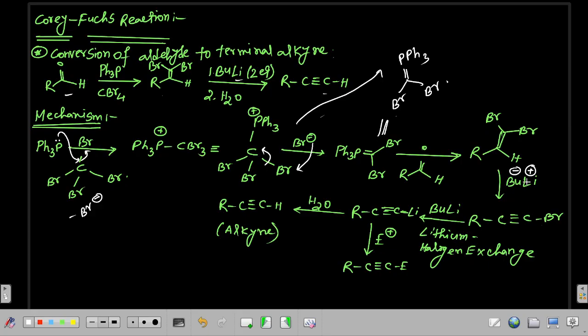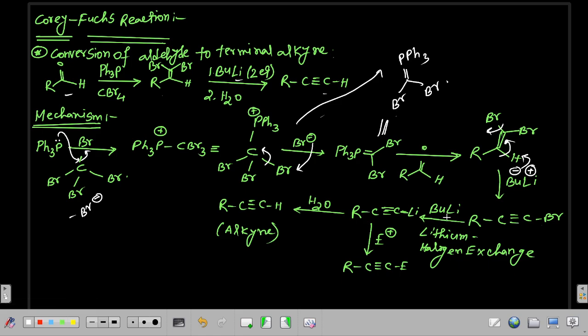This n-butyl lithium will abstract this proton and this bond will break and this bromine will be removed, so it will form this alkyne derivative.